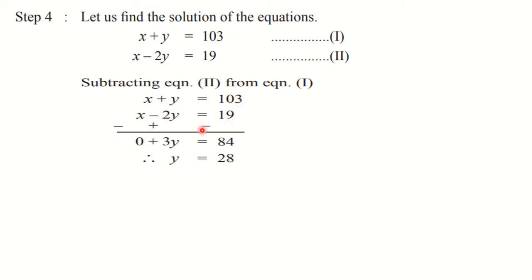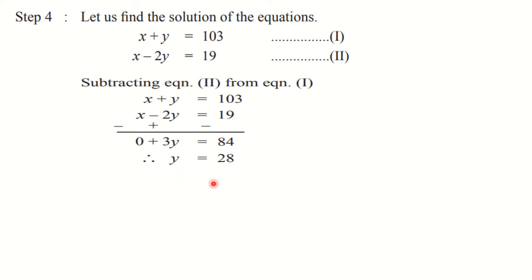See, all the signs are changed. Plus has become minus, minus has become plus, here also plus has become minus. So plus x and minus x are cancelled. This plus y and this plus 2y, 1 plus 2, we get 3y. And 103 minus 19, the answer is 84. So 3y is equal to 84, therefore y is equal to 28.